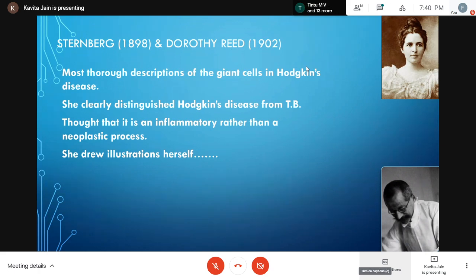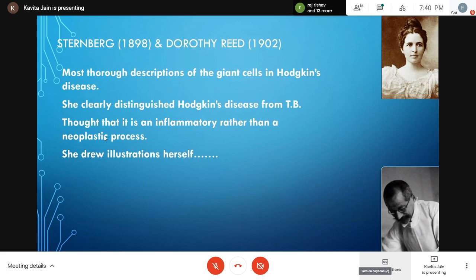I have just gone through Reed's life experiences, and she was a very brilliant lady. Most of the work was done by Dorothy Reed, and she clearly distinguished Hodgkin's disease from tuberculosis on the basis of morphology.